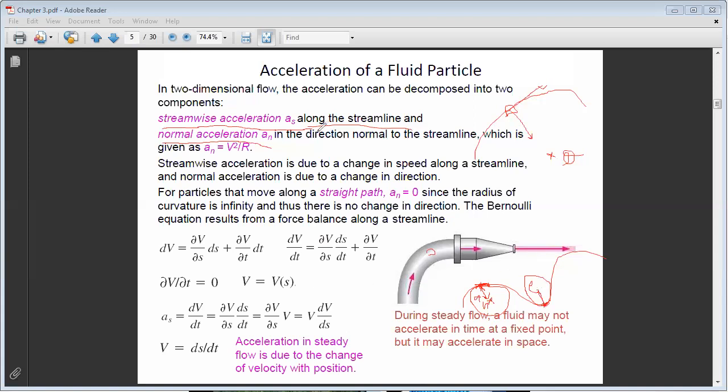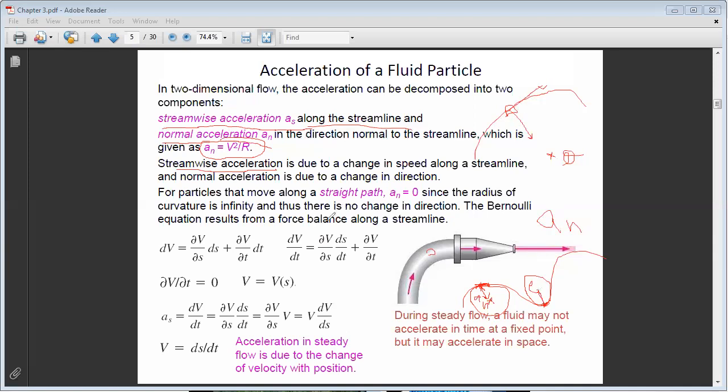So, you know from dynamics that the expression of normal acceleration is given by v squared over the radius of curvature. Now we can say that, by definition, a_n is due to the change in direction.